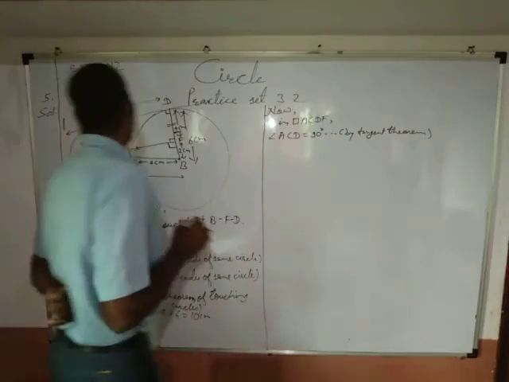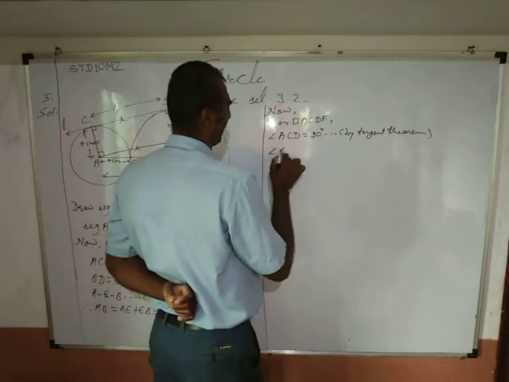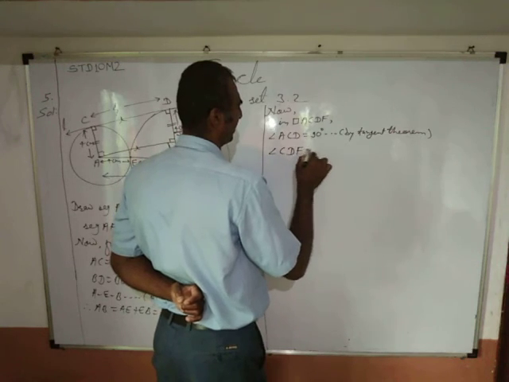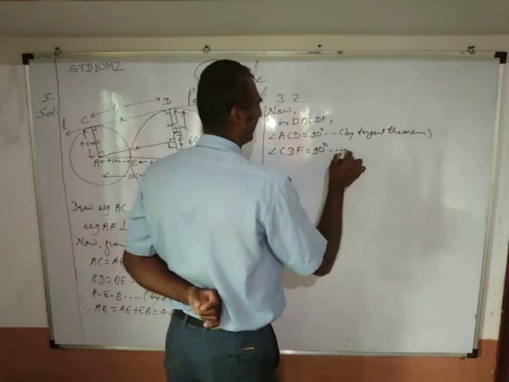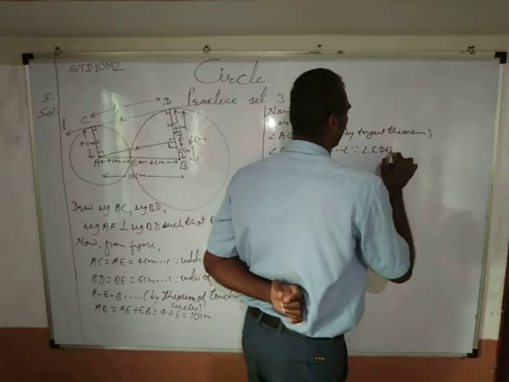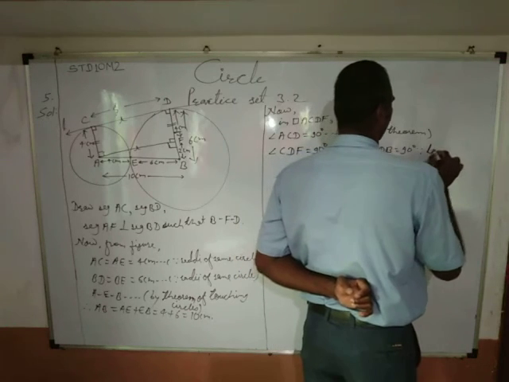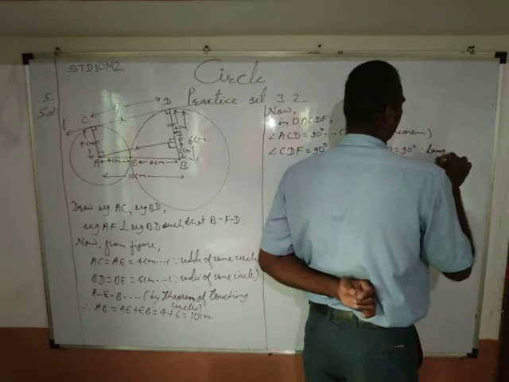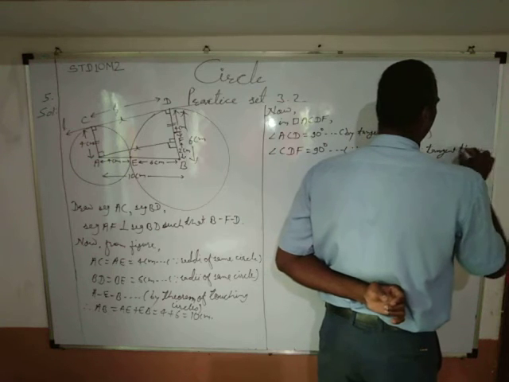Angle CDB, or angle CDF, equals 90 degrees, since angle CDB equals 90 degrees by tangent theorem.